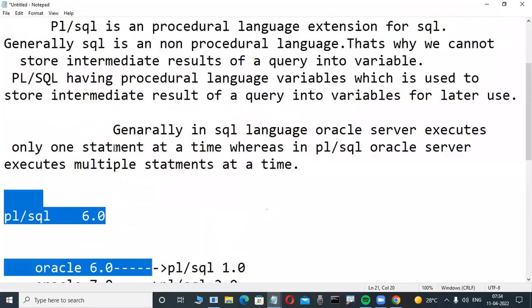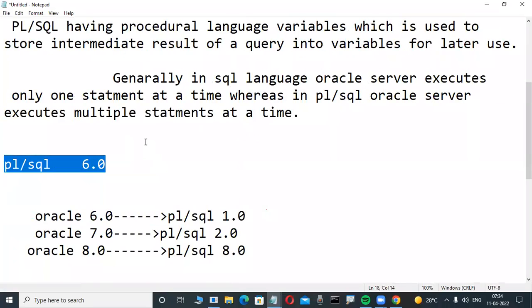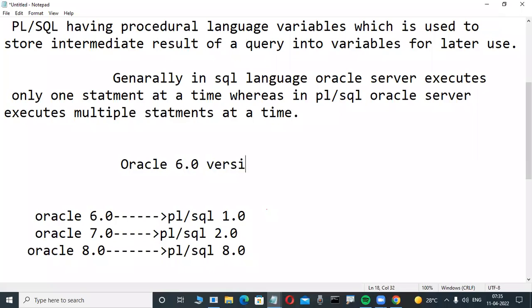Write next: Oracle 6.0 version introduced PL/SQL.